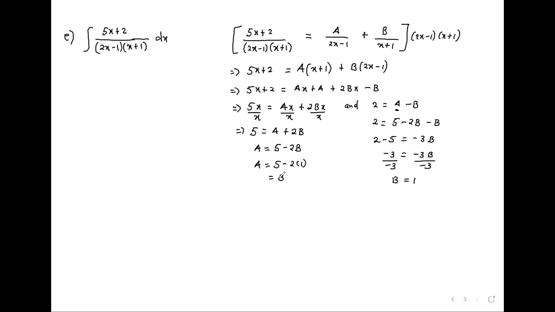So what we will integrate is not this complicated thing, but now we integrate the partials. So we have 3 over 2x minus 1 plus 1 over x plus 1. Integration you can separate, so we'll do the separation. We have the integral of 3 over 2x minus 1 dx plus the integral of 1 over x plus 1 dx.